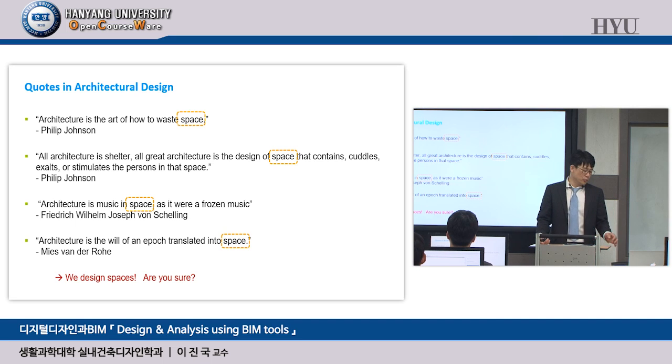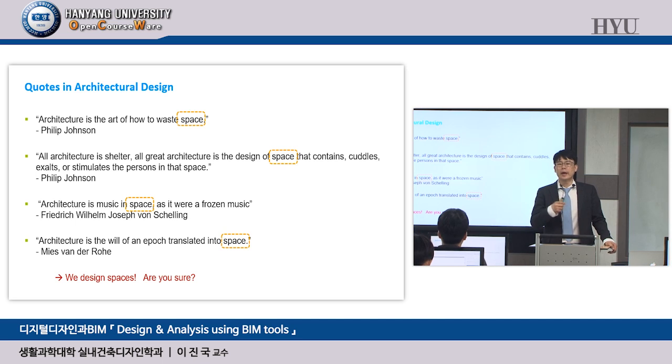But actually, how do you represent space in your CAD model, in your hand drawing? When you draw your space design, what do you draw? You never try to draw space, okay? Simply because space is empty, okay? There is no way to draw space.